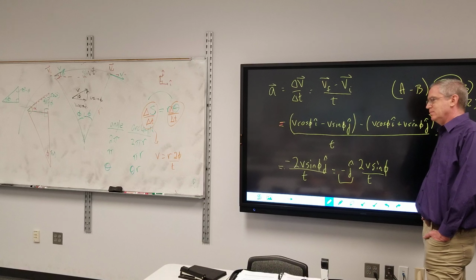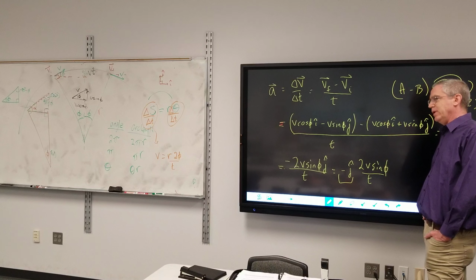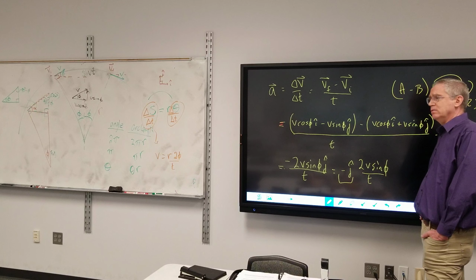Is there any way we could calculate the change in direction? Well, that's sort of what we're doing right now. We're trying to figure out what is the acceleration for something which is only changing direction, not changing speed.